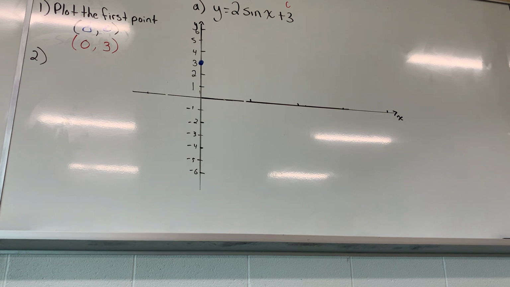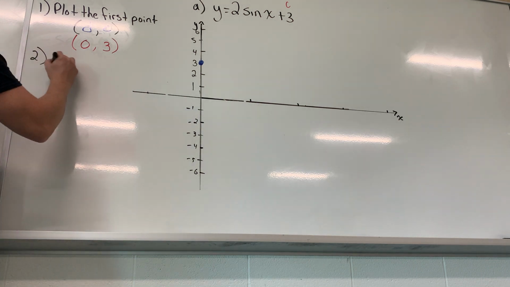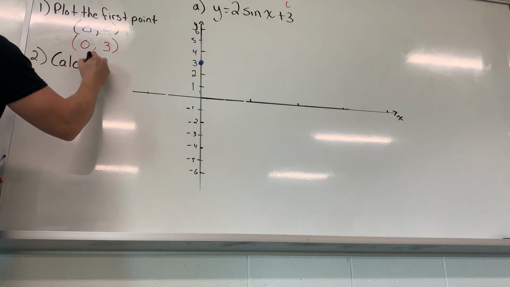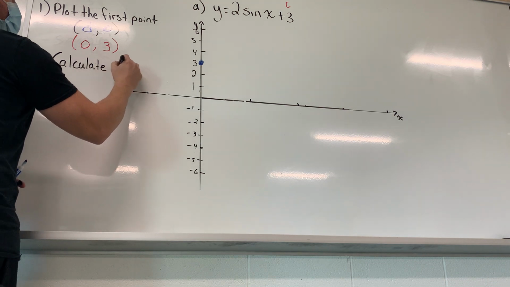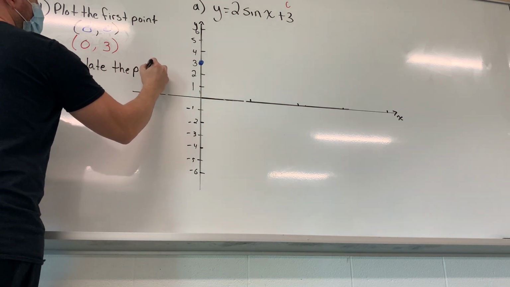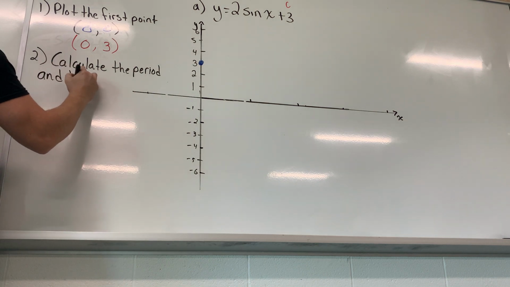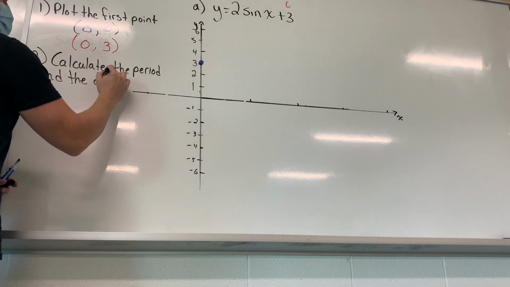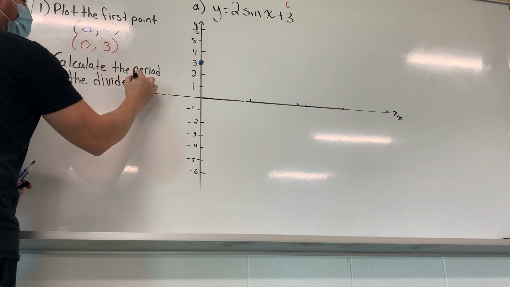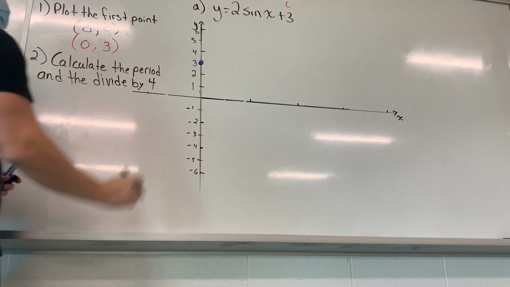That's our first step. Second step: calculate the period, and then divide by 4.